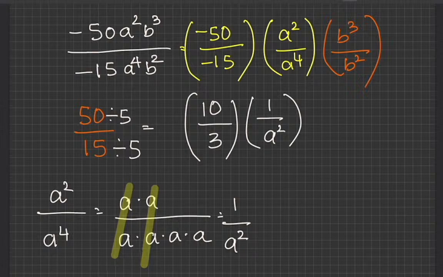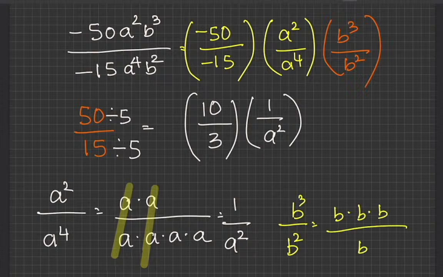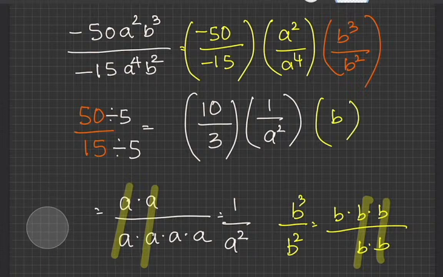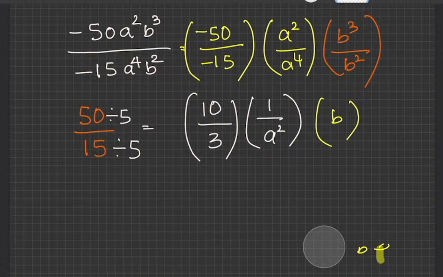Now the third one is b to the power 3 by b to the power 2, which is nothing but b times b times b by b times b. Now these two b's get cancelled, and I'm left with b. Now we have to multiply these.